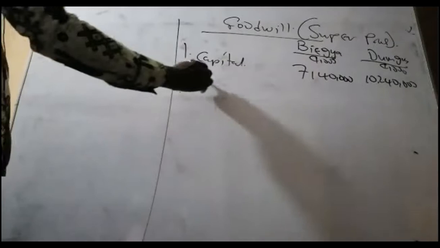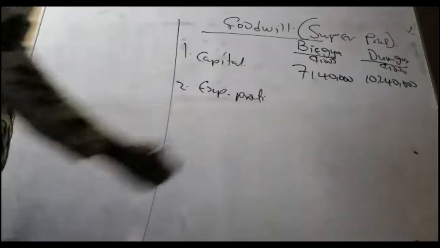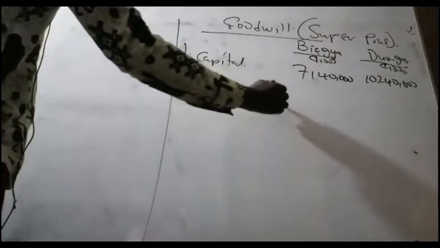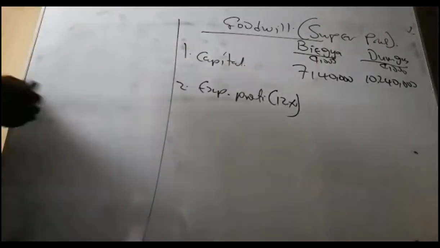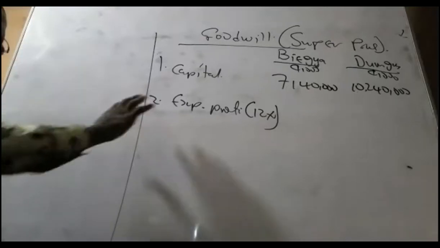Step 2, get the expected profit. What's the rate? The rate is 12%. So find the 12% of the capital employed. That is the expected profit.